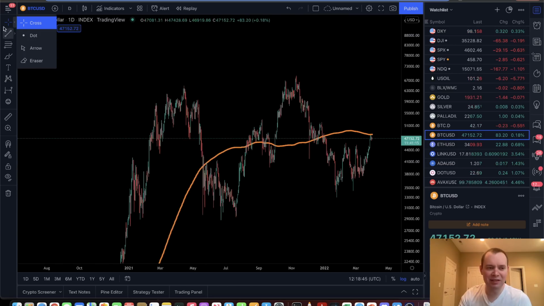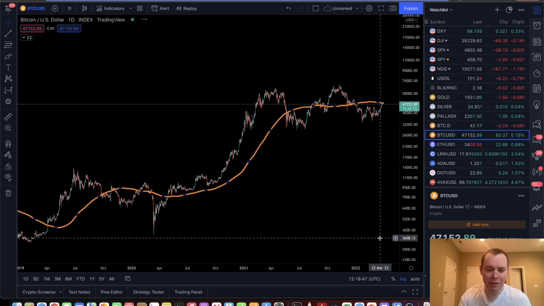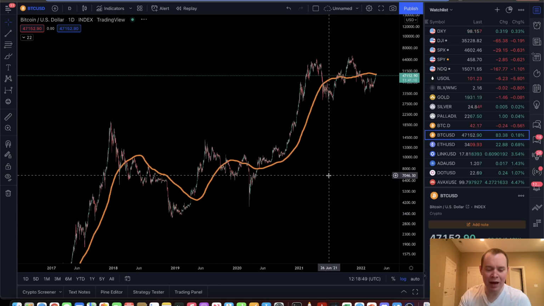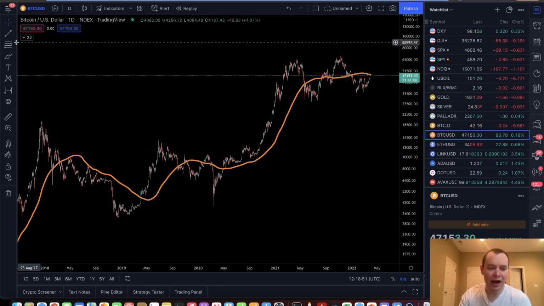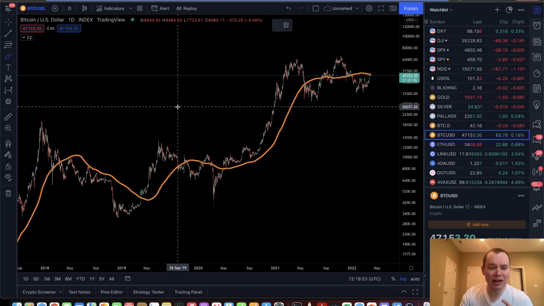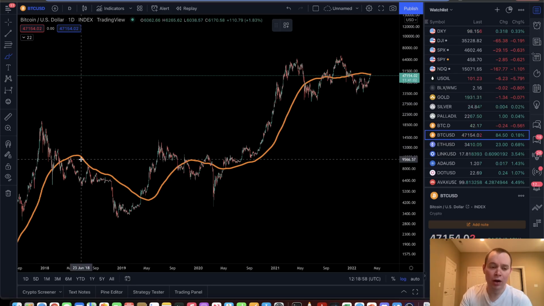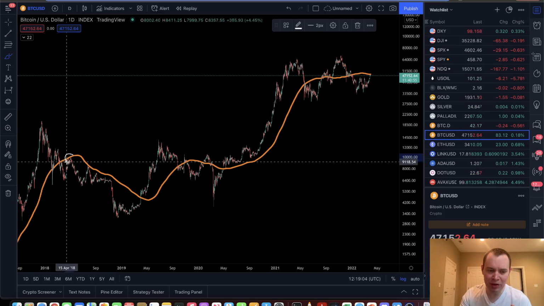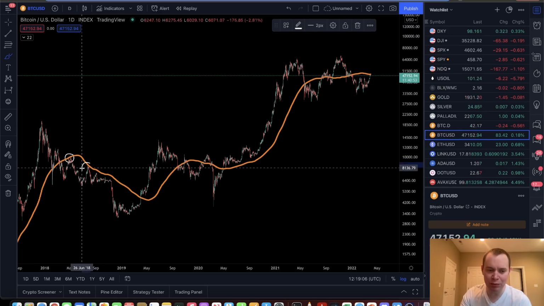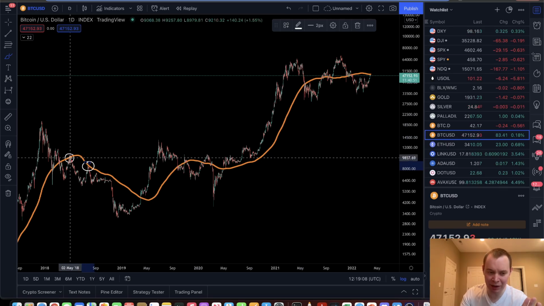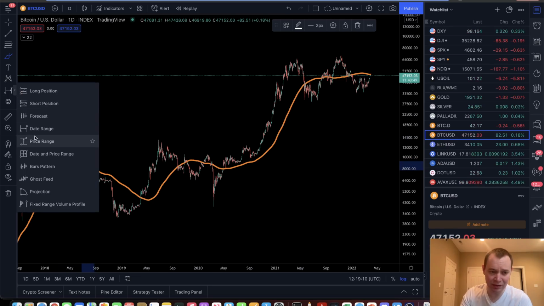I think the biggest comparison that we need to make is looking at 2018, okay, and saying, you know what? We already have proven that the structure of this market is a lot different than 2018 so far, but really one of the bigger things that would show the distinction is if Bitcoin can rally above this moving average, okay? Because we've been rejected by this moving average in the past in 2018.